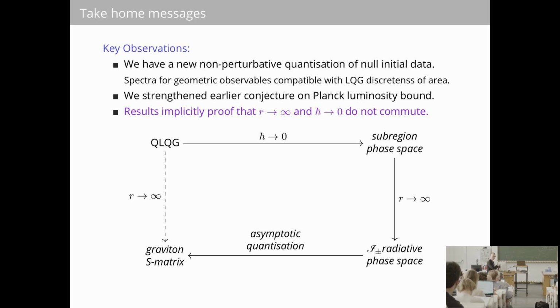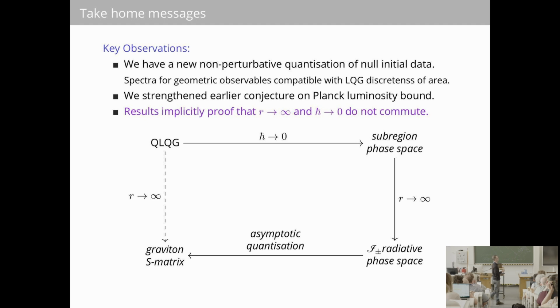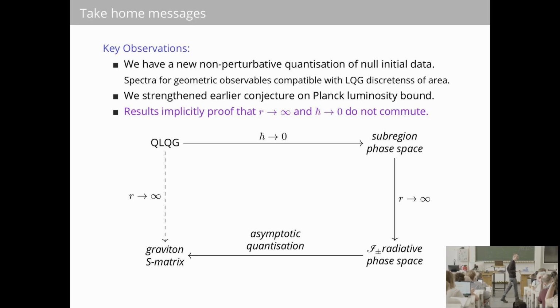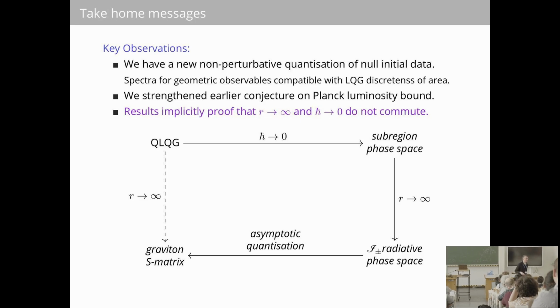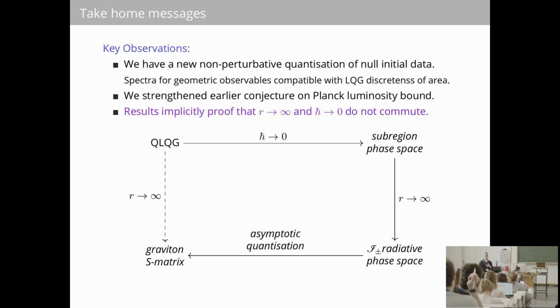So you can say maybe all of this is not really trustworthy, but what it shows is an implicit proof, a counterexample, that we need to be perhaps a little more careful, that when we do perturbative quantum gravity, the S-matrix approach, there are in fact two limits involved that may not commute, namely the asymptotic r going to infinity limit and the semi-classical h bar to 0 limit.